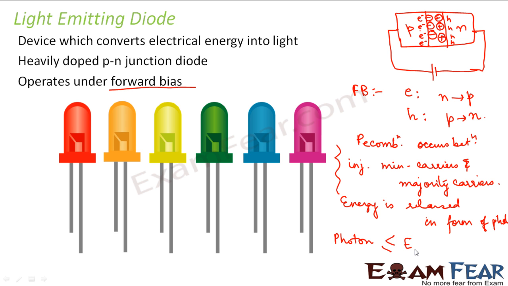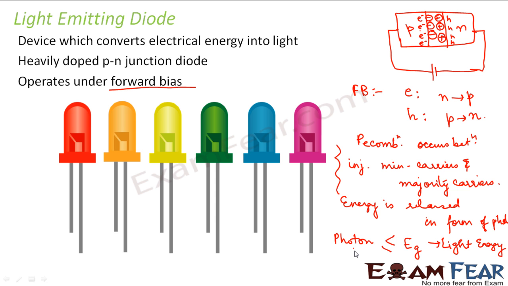Now photons which have energy less than or equal to the energy gap of the semiconductor are emitted as light energy. And what about the photons which have energy greater than the energy gap? They will move to the conduction band and contribute to the conduction, right? So how does an LED operate? LED operates under forward bias. Under forward bias, the electrons move from N to P, holes move from P to N. As a result, the minority charge carriers are collected near the junction.